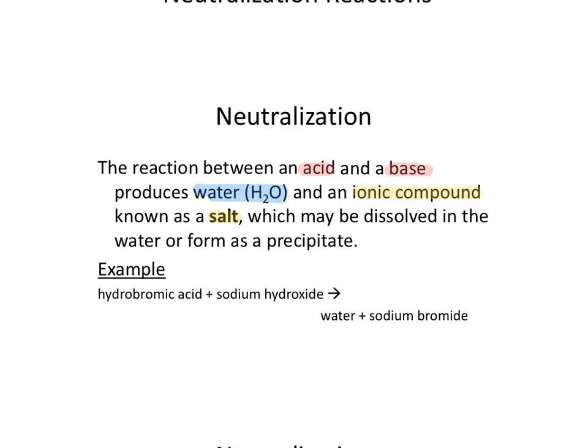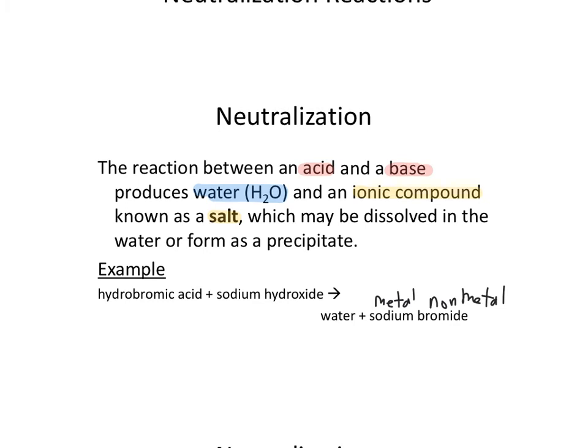An example of that is hydrobromic acid, so there's our acid, plus sodium hydroxide, which is our base, providing us with water and a salt, or sodium bromide, which is an ionic compound. Remember, ionic compounds have a metal and a nonmetal bonded together.